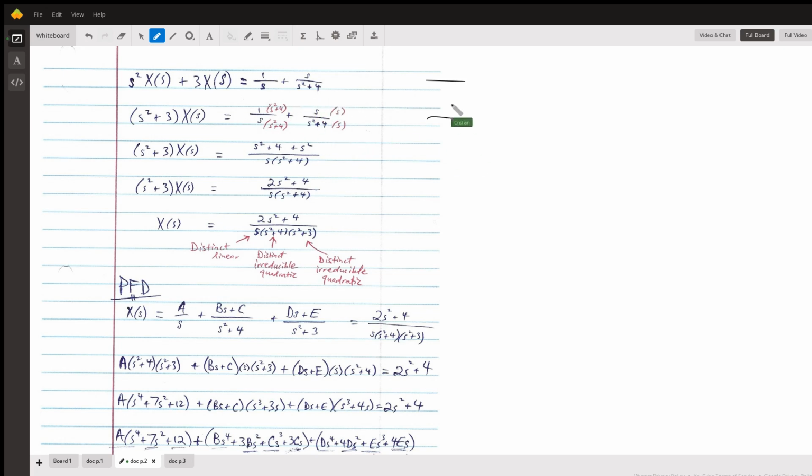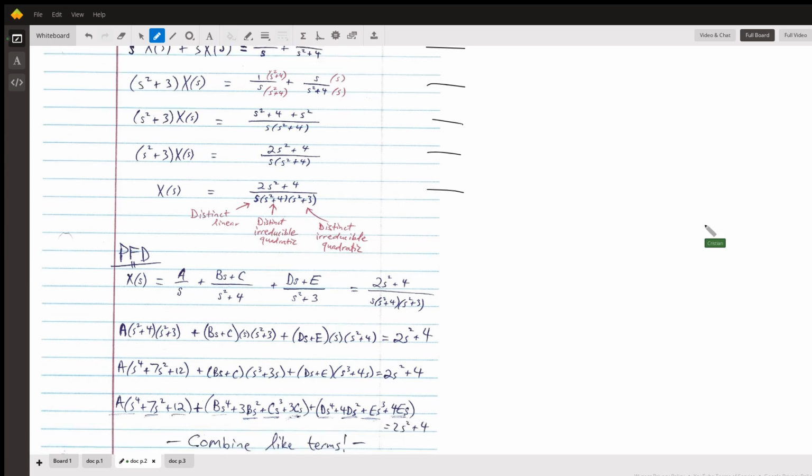Also combine like terms on the left-hand side, because you have big X of s times s squared plus 3. Combining everything, you get to this step. More simplification, dividing both sides by s squared plus 3, finally gets you here.